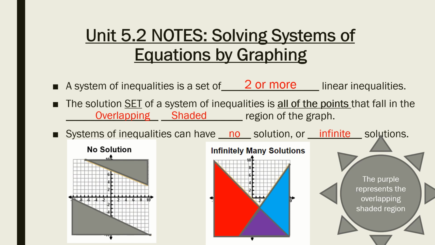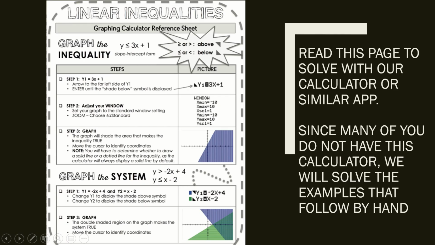So that's what we're looking for. In the examples that follow, we are looking for the purple region. Where do the shaded places overlap? Now, as an aside, you can do this on the calculator. All of us had calculators for months and months together in class. However, now we're at home.